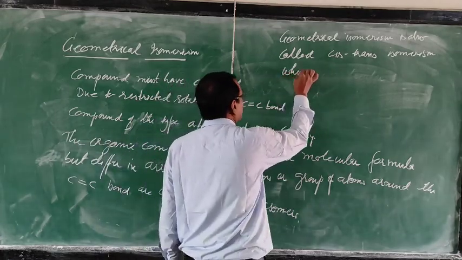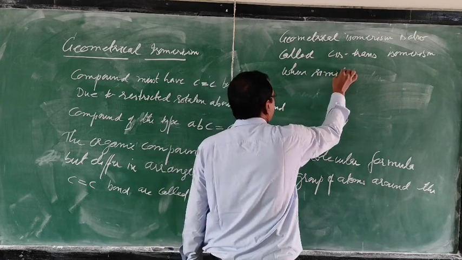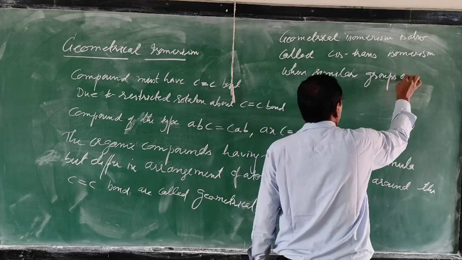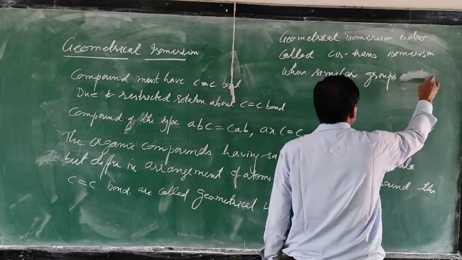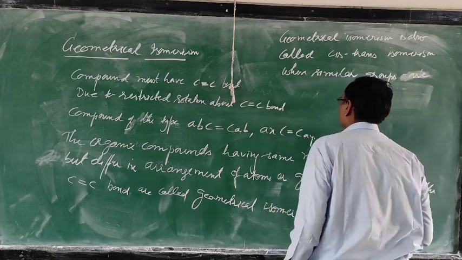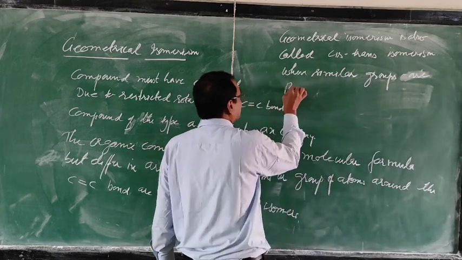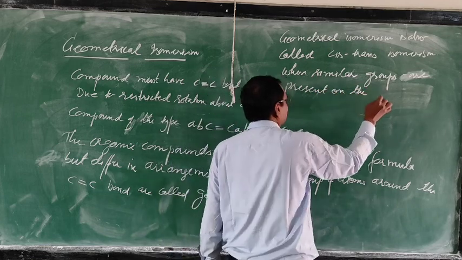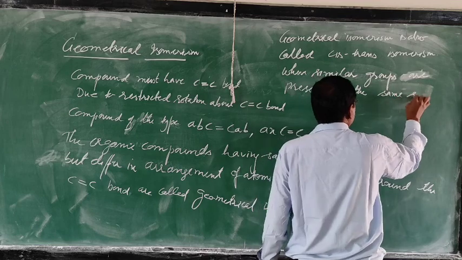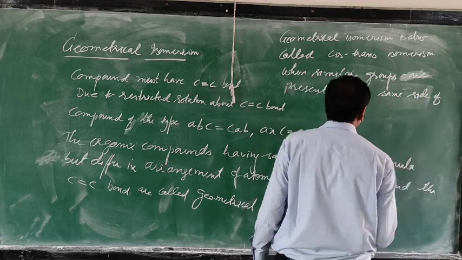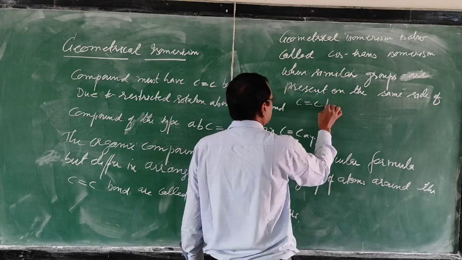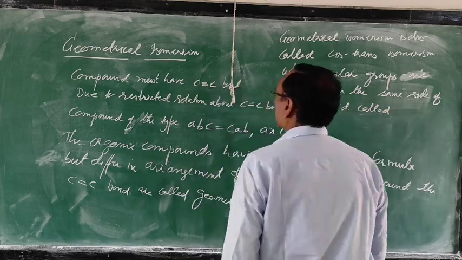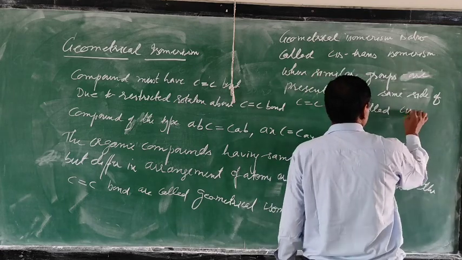When similar groups are present on the same side of the carbon-carbon double bond, it is called the cis isomer.